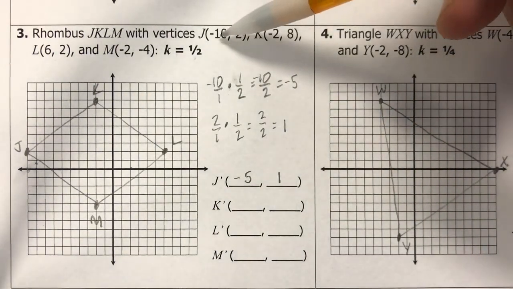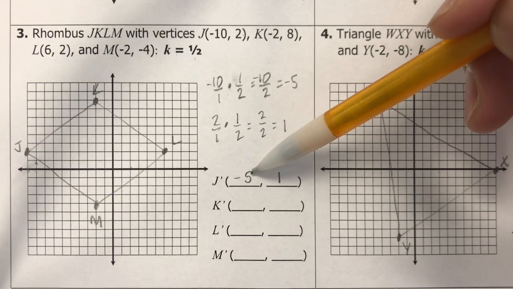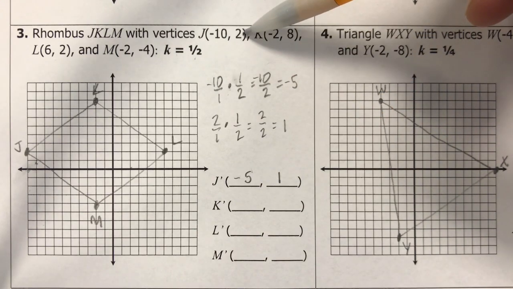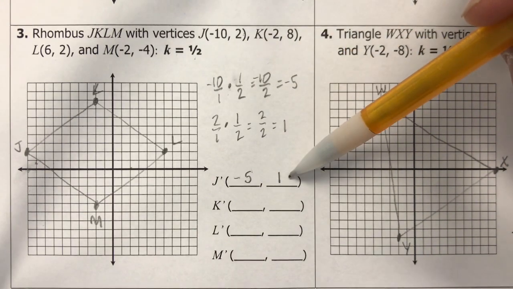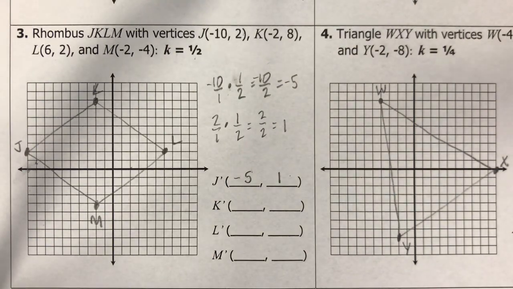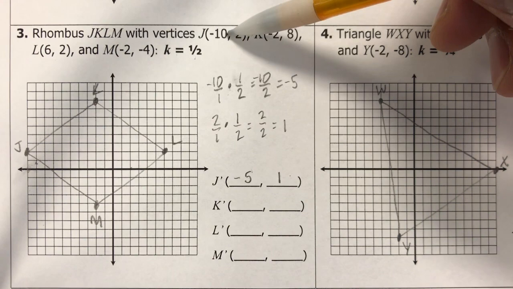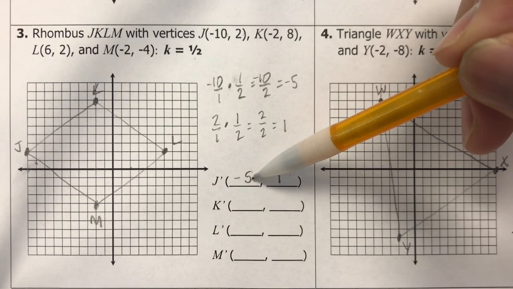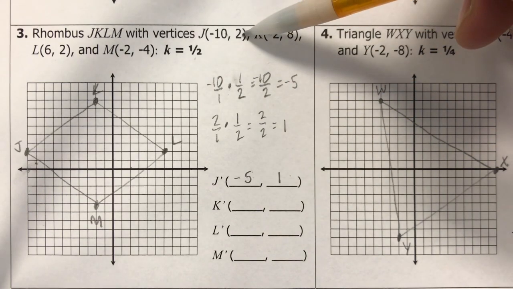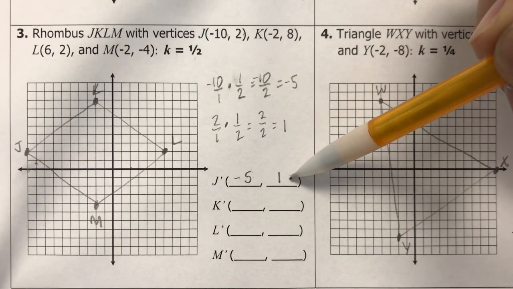And so if you look, it was negative 10, now it's negative 5. The Y value was 2, now it's 1. What do you see? Hopefully you see that negative 10, when I divide it in half, is negative 5. 2, when I divide it in half, or divide by 2, I get 1.